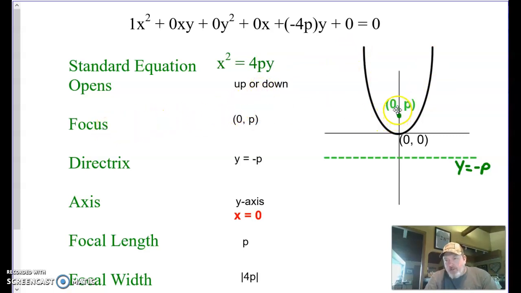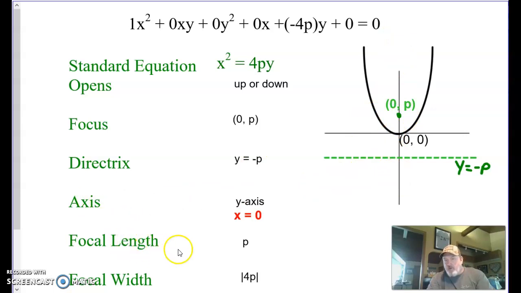The focus, as you can see in this one here, is at (0, p), and then the directrix is going to be y equals negative p, in the opposite direction here. So if this was (0, 3), this would be y equals negative 3. If this was (0, 5), this line would be y equals negative 5. The axis is the y-axis, or x equals 0. That's our axis of symmetry.